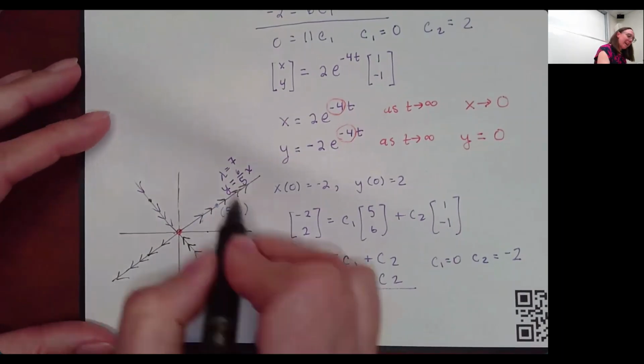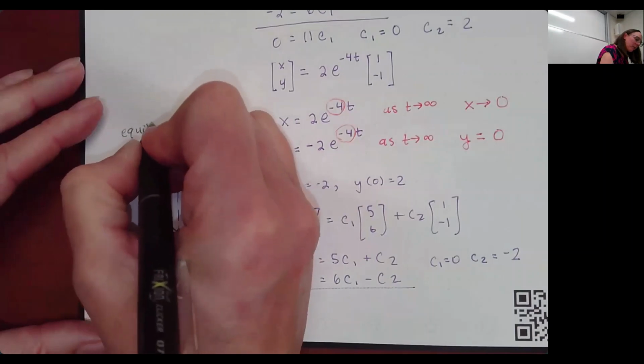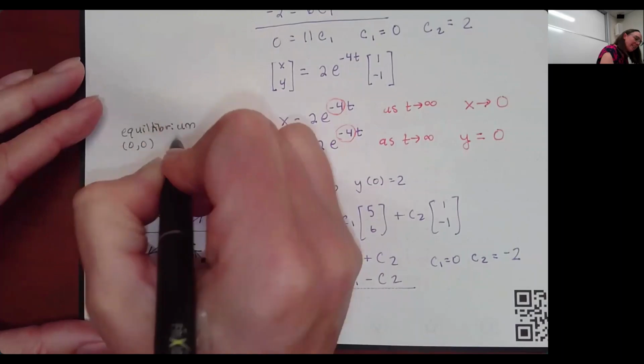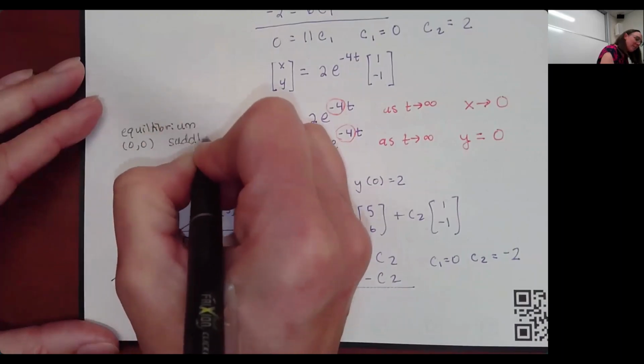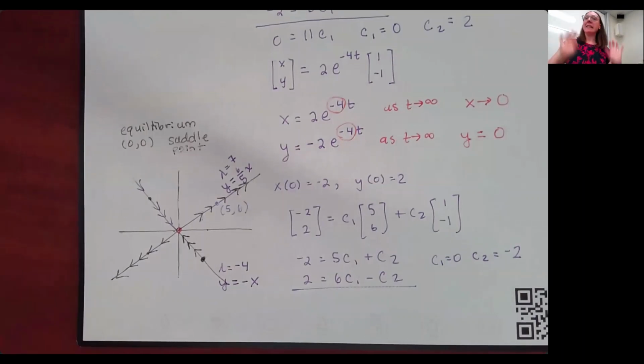So we say that the equilibrium of 0, 0 is a saddle point. By the way, linking things back to chapter 15, how do I know that something's a saddle point?